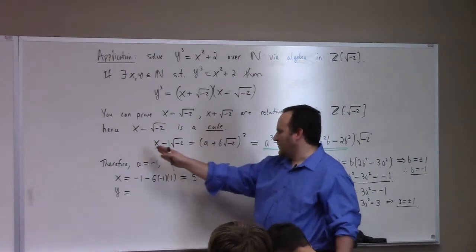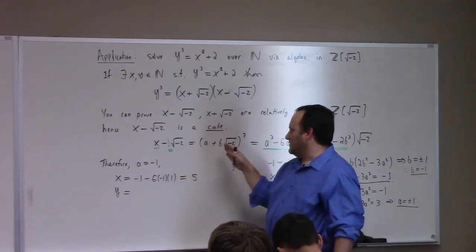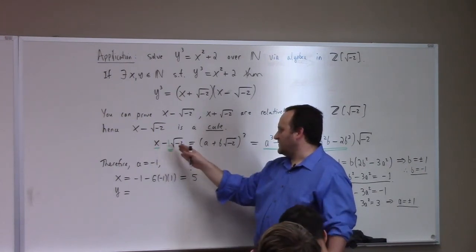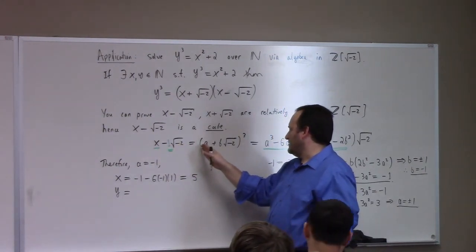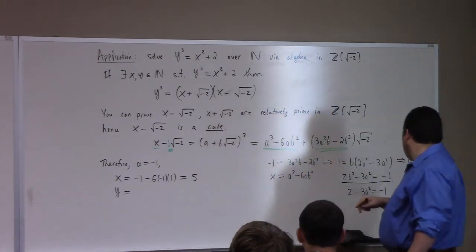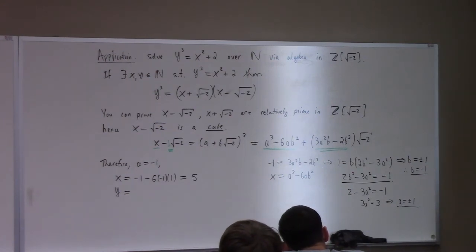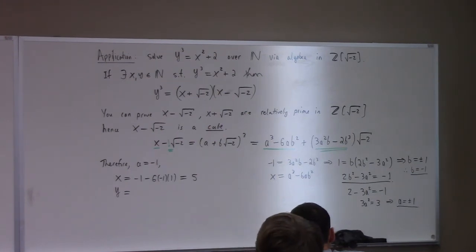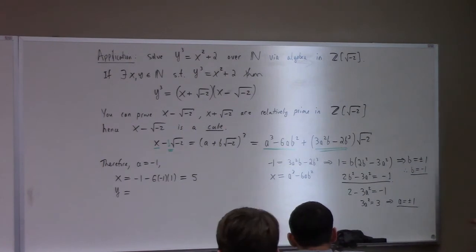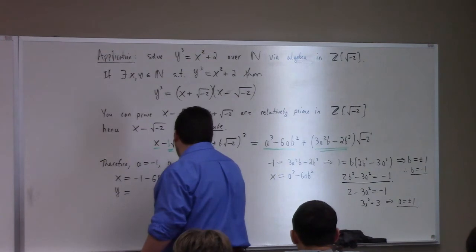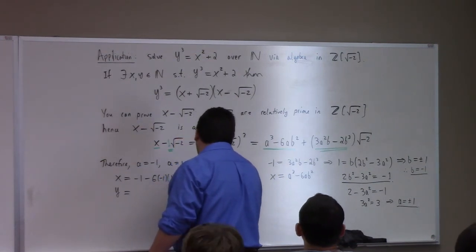If I multiply this by minus 1, that's going to change x to minus x. I'm not sure. There may be some reason I can't have a equal to 1. If a equals 1, then x is negative, and he said we're doing it over the positive integers. So a equals 1 gives x negative, so that settles it for us. Thank you.